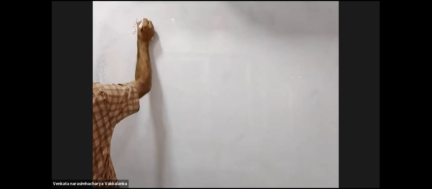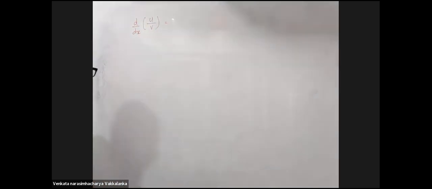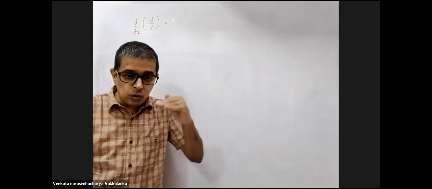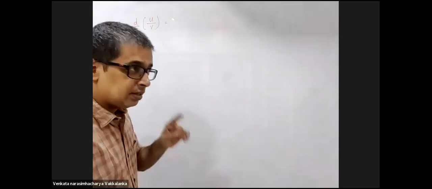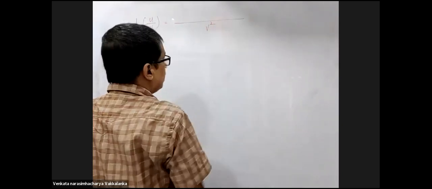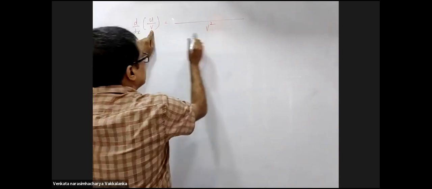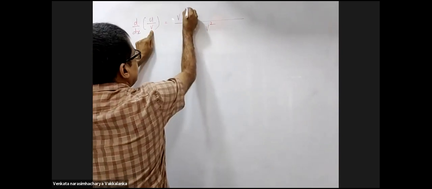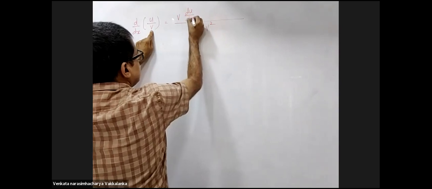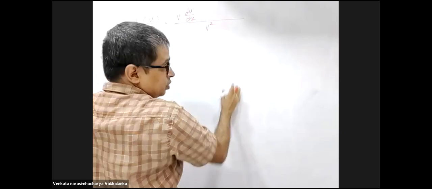Now, d by dx of u by v. What if the function is u by v? This is the rule you will follow. V square, denominator square. Keep the denominator as it is, differentiate the numerator first. Sequence cannot be changed.